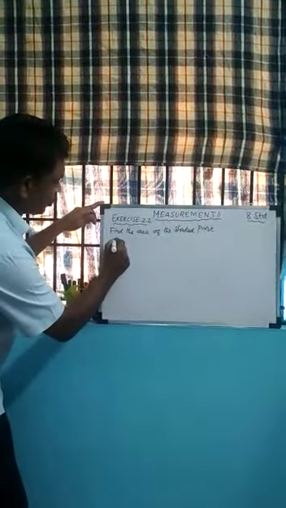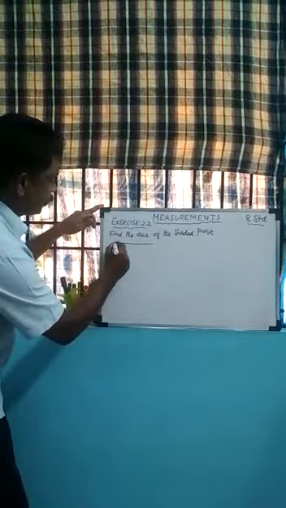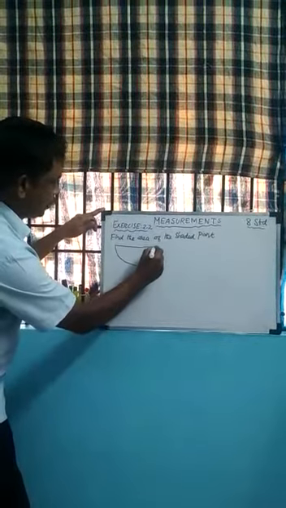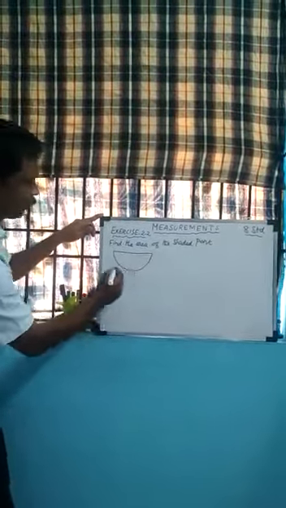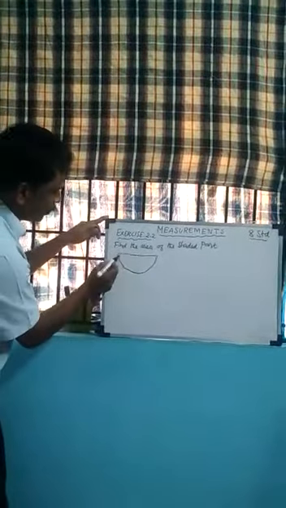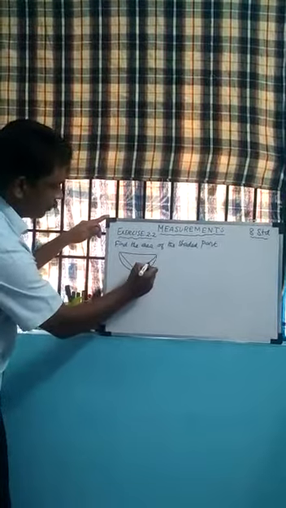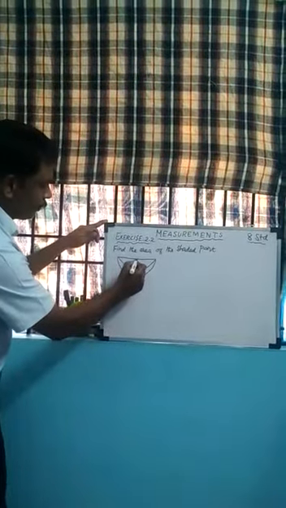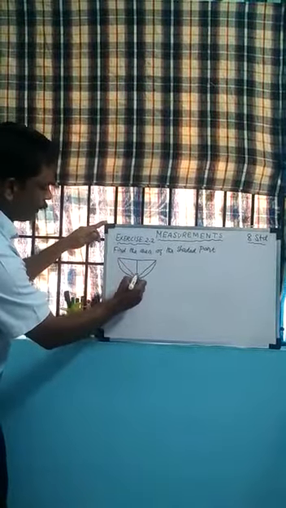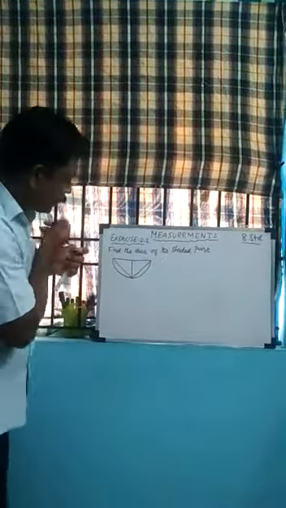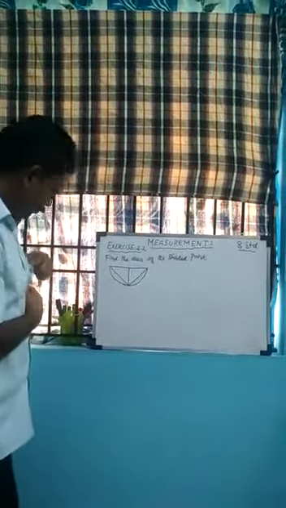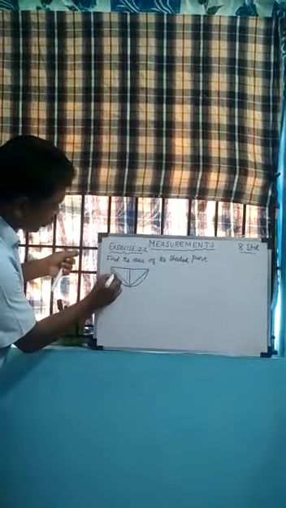The figure is also given. This is a semicircle, and a triangle is given. We can find out the shaded part only.